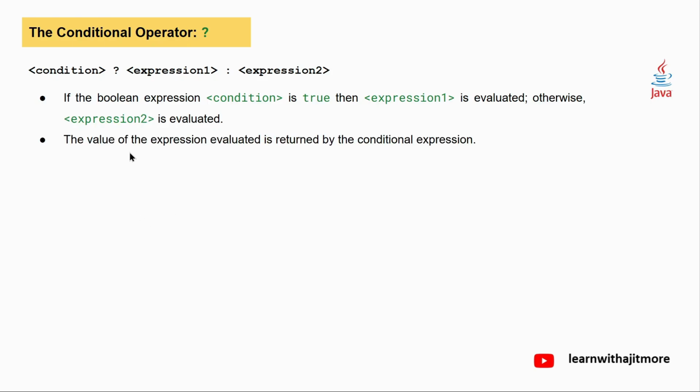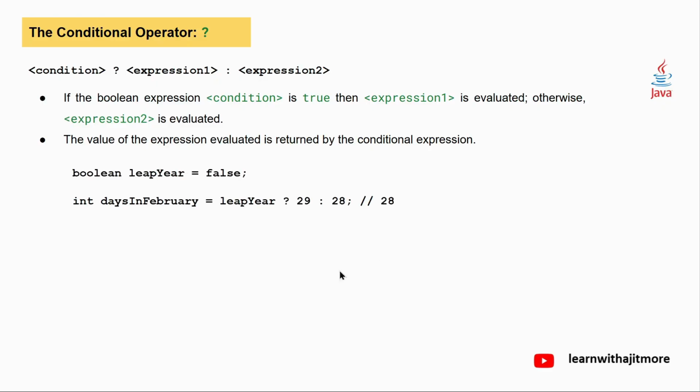Then the value of the expression evaluated is returned because it's an operator. Every operator has to return a result. There is no operator which doesn't return a result. So here the result is either the answer of expression 1 or expression 2. The value of the expression evaluated is returned by the conditional expression.